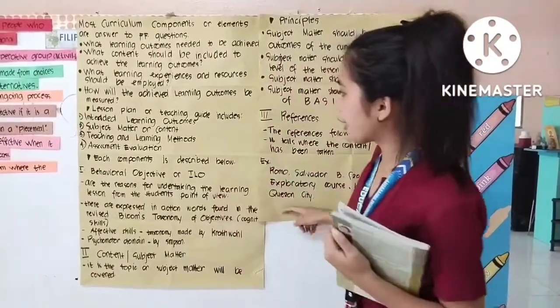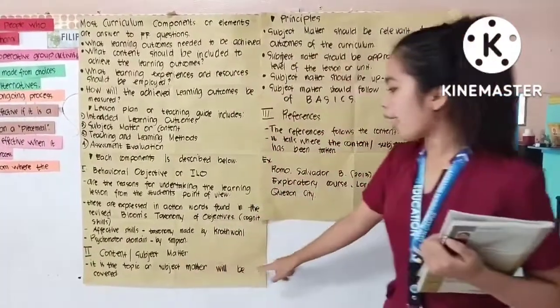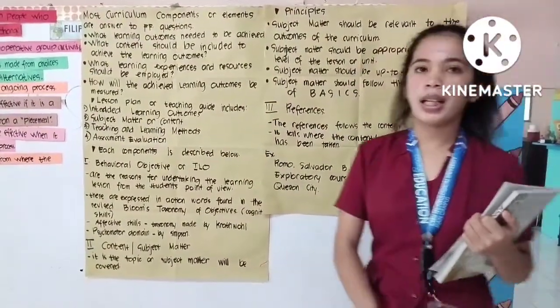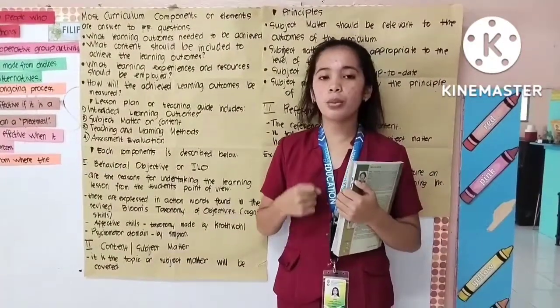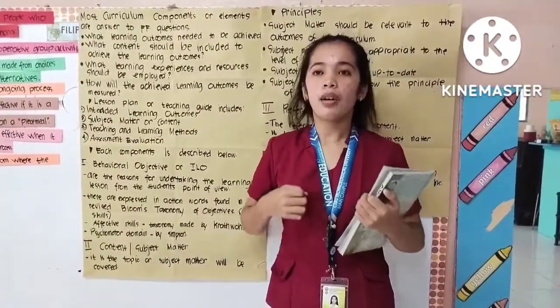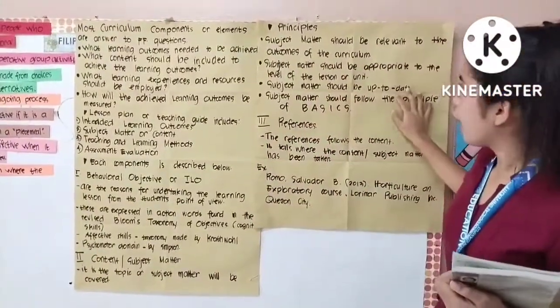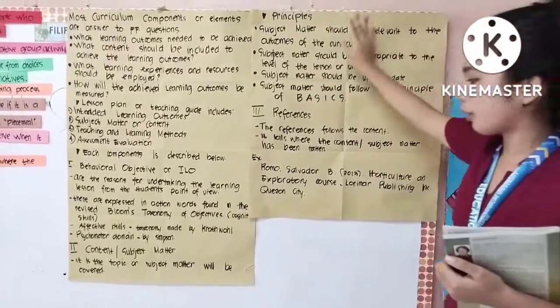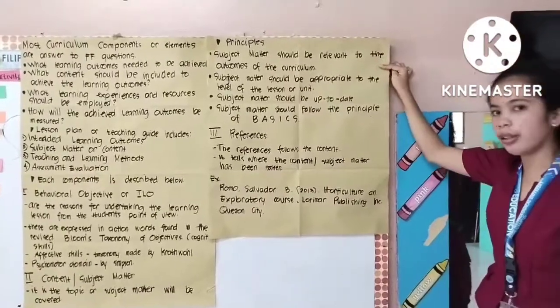The second one here is the content or the subject matter. It is where the topic or the subject matter to be covered is stated, or what the content of your curriculum is. Here are the principles of a subject matter. The subject matter should be relevant to the outcomes of the curriculum.